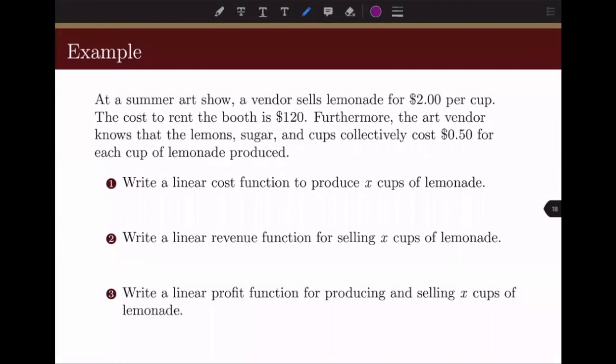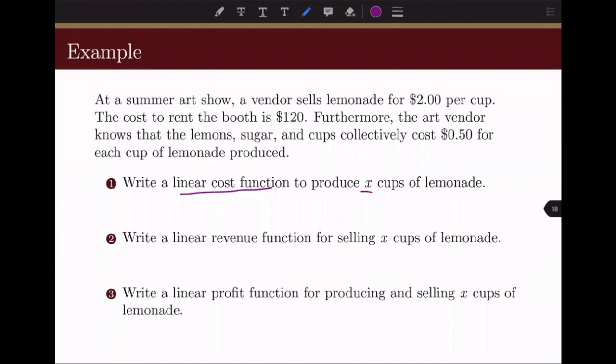At a summer art show, a vendor sells lemonade for $2 per cup. The cost to rent the booth is $120. Furthermore, the art vendor knows that the lemons, sugar, and cups collectively cost 50 cents for each cup of lemonade produced. First, we need to write a linear cost function to produce x cups of lemonade.